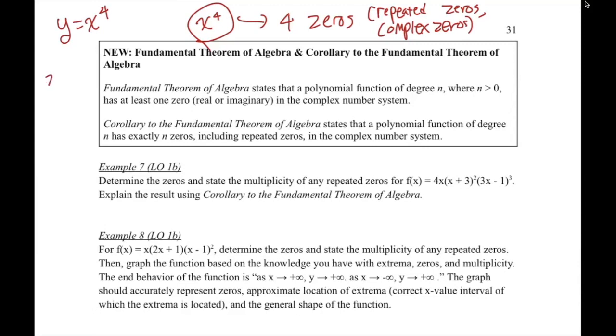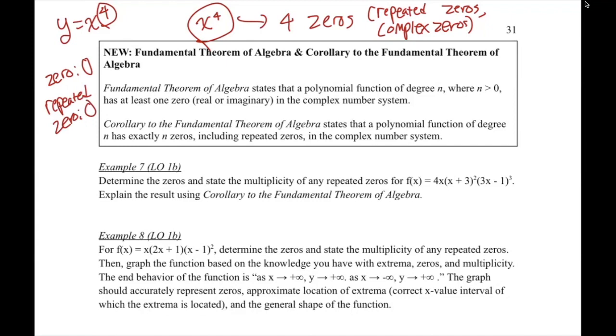The only zero is 0. Why? Because there's a repeated zero. Because this linear factor has a multiplicity of 4, there are 4 repeated zeros of 0.